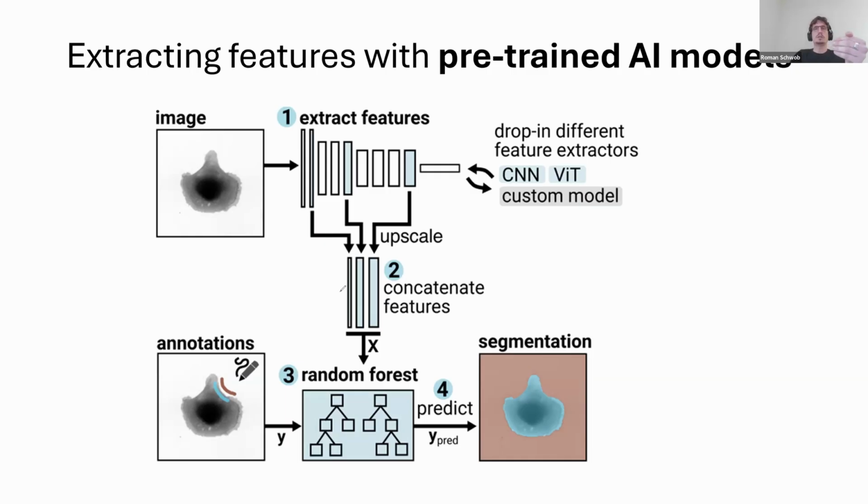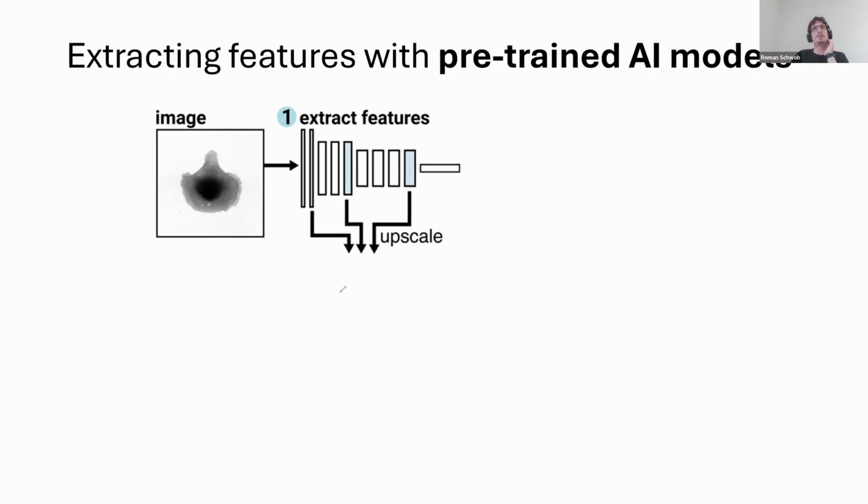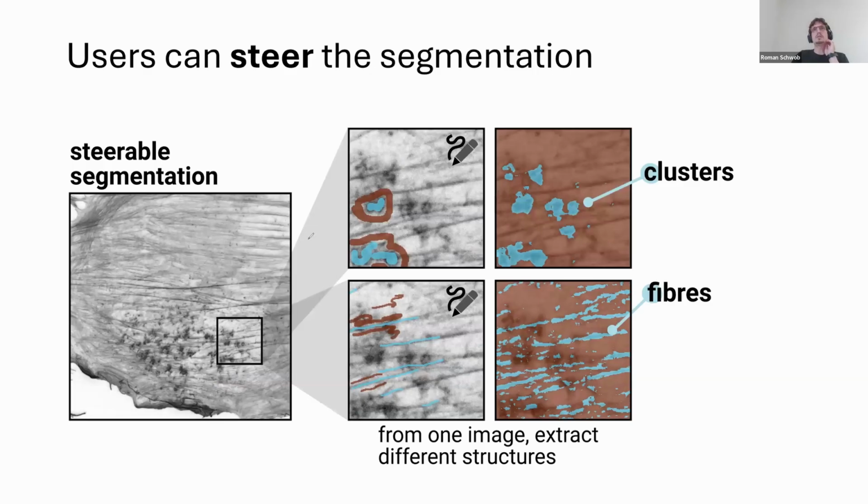As I showed you, you can just use it for different annotations. In the earlier example, you would need to train different CNNs or whole models from scratch for these two tasks. Here we can use the same model, give it new annotations and repurpose it for different segmentation tasks.